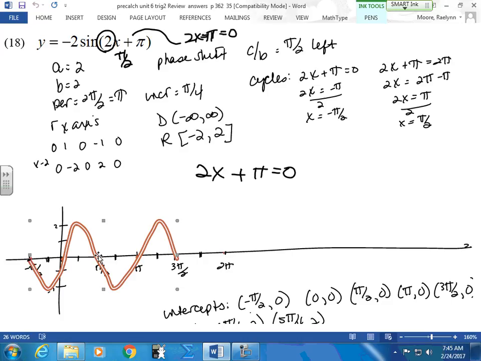The only time I did the other one was because I said do 2 full cycles, so I said 4 pi. Usually I go 0 to 2 pi for one cycle. And actually, as soon as you start graphing it, you'll see your full cycle.